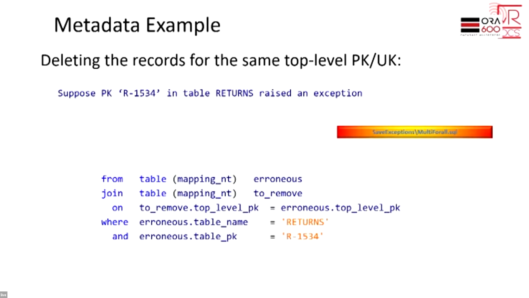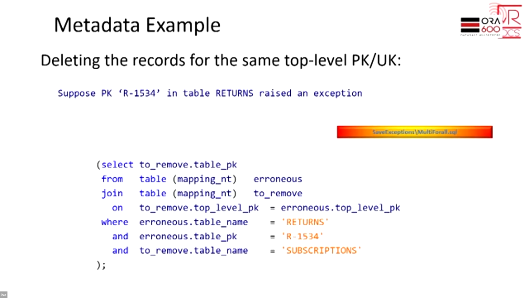So now it's joined to all the other rows in that nested table with the same top level primary key. I can filter it for example, for the table subscriptions. That will give me the primary keys for that table belonging to the same client. And now I can delete the subscriptions for that client.